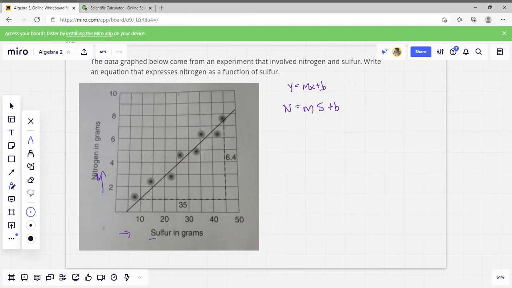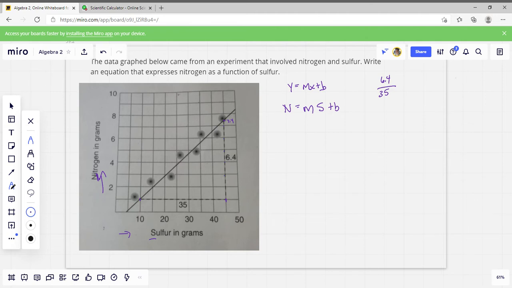Now we have to find our slope. For our rise, they said this was about 7.4 right there, and this is at 1, so that's going to be 6.4 on our rise. And then our run, how far did we go over? We went from 10 to 45, so we went 35 units.